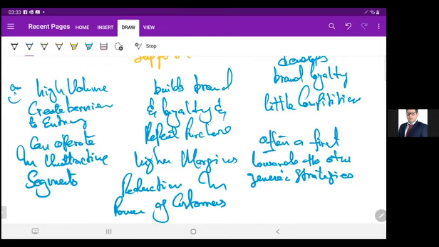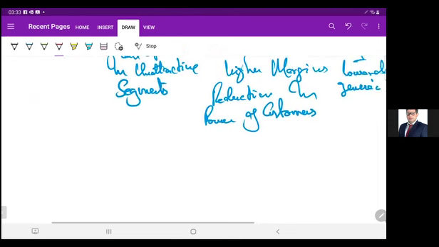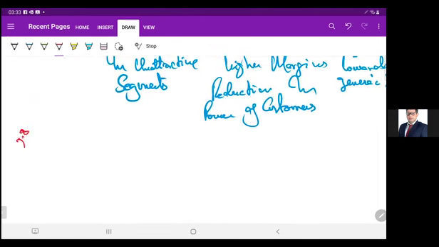Now let us look at the threats of each. For cost leadership, there is no fallback position if leadership is lost.